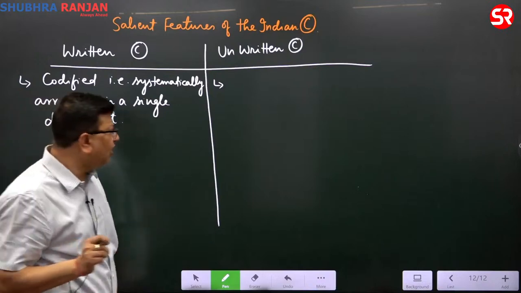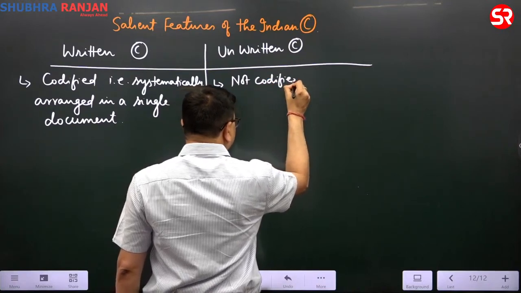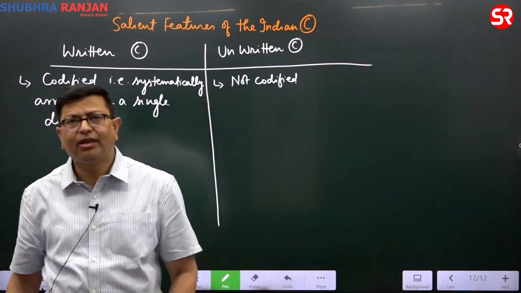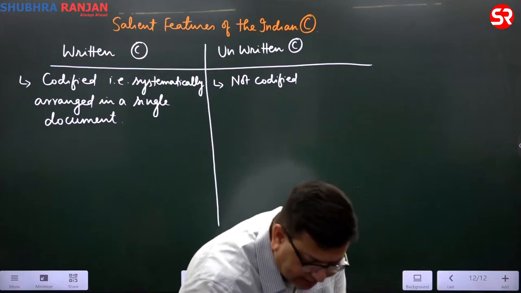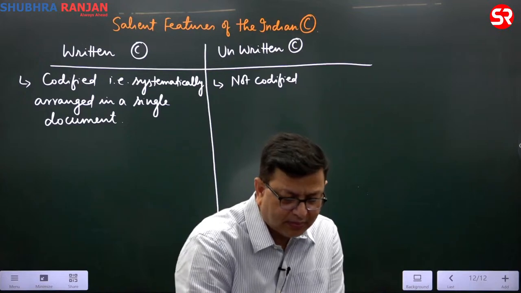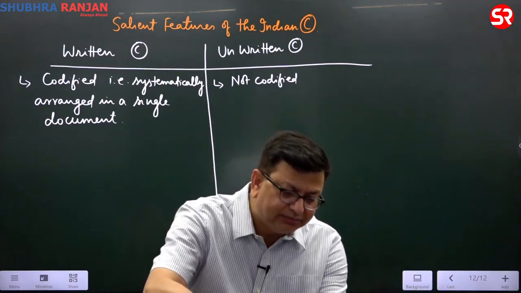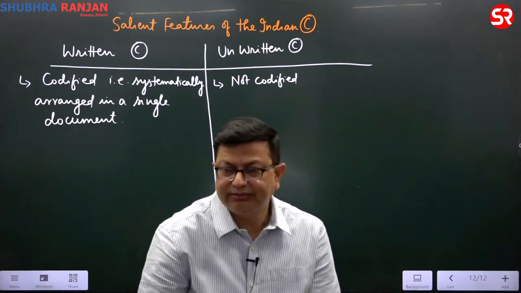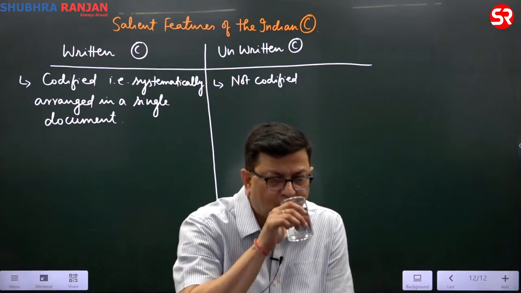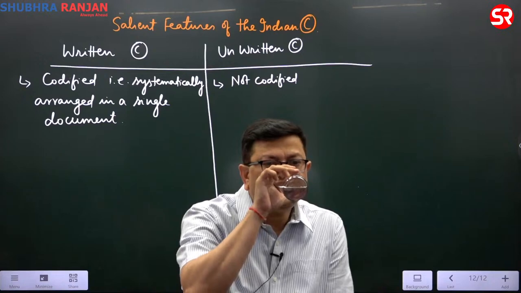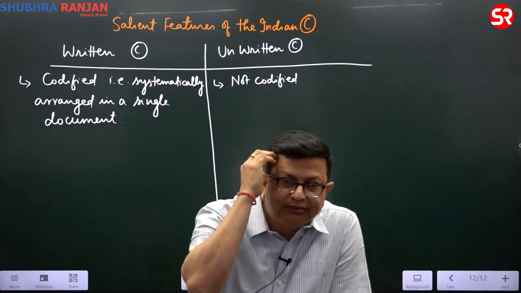An unwritten constitution does not mean that the provisions have not been written down, but they are not systematically arranged in a document, that is, not codified.